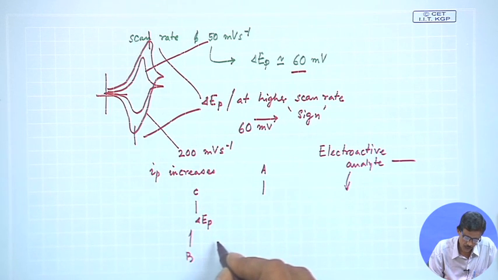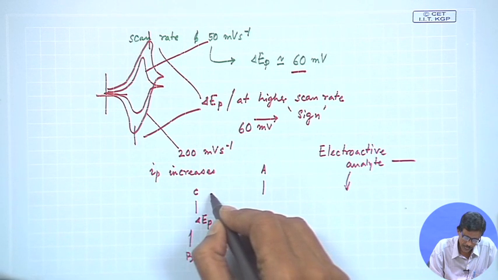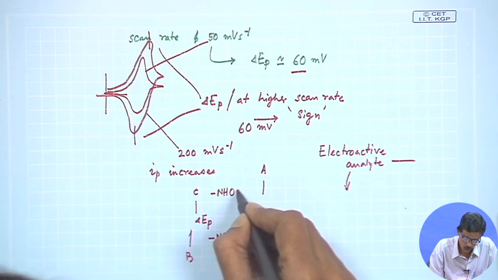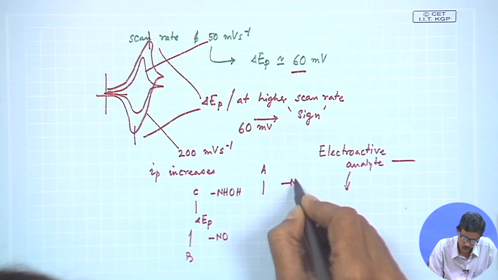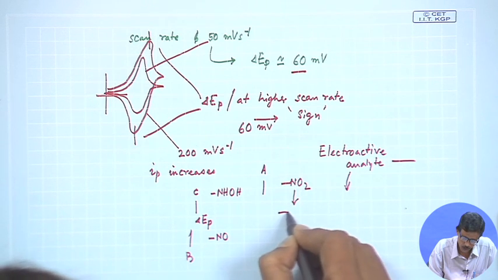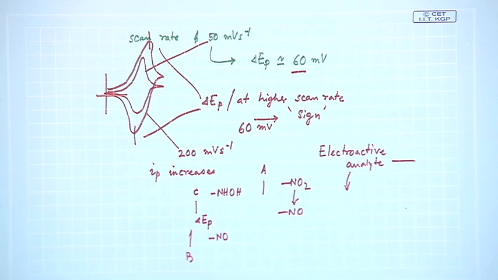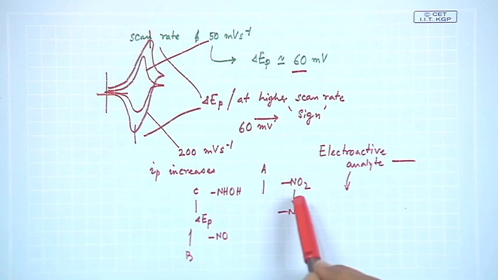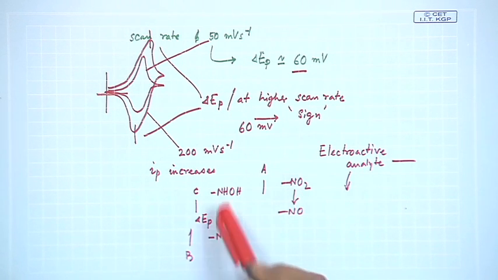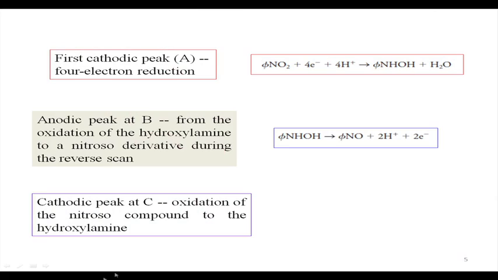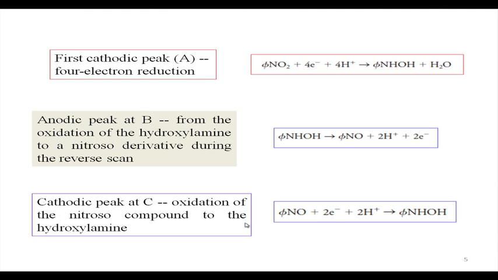You have the NO group and the NHOH function, but here NO2 is going to NO formation. Once NO is formed from your nitrobenzene, you cannot get back to your nitro compound, but you will get back to your corresponding hydroxylamine compound. That is why the cathodic peak C is for the reduction of the nitroso compound to the hydroxylamine form.